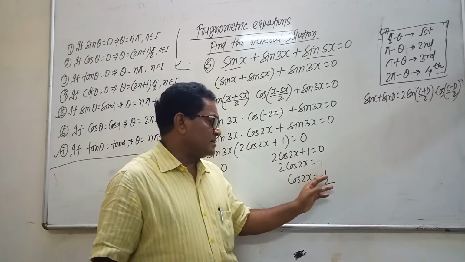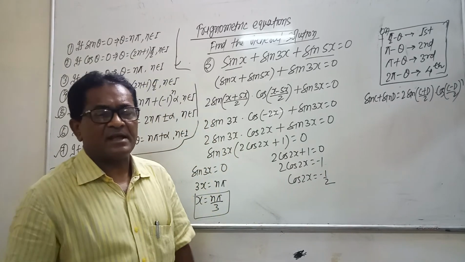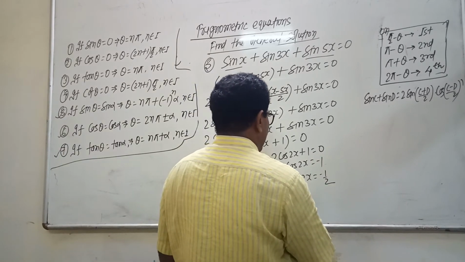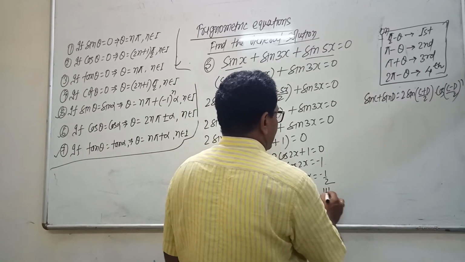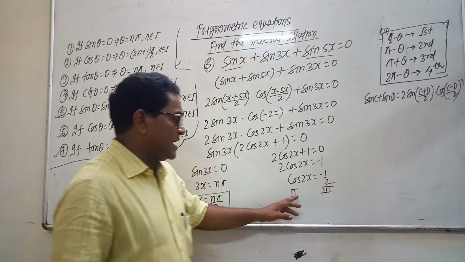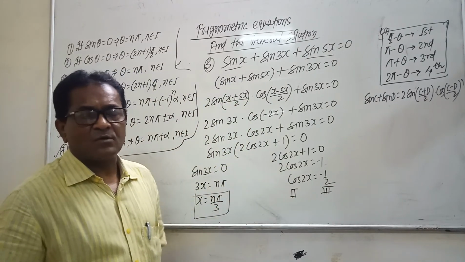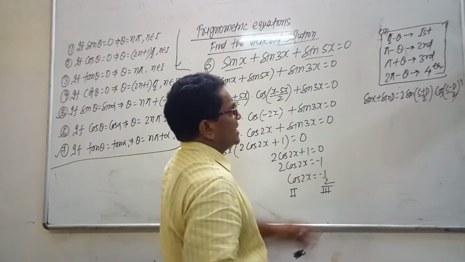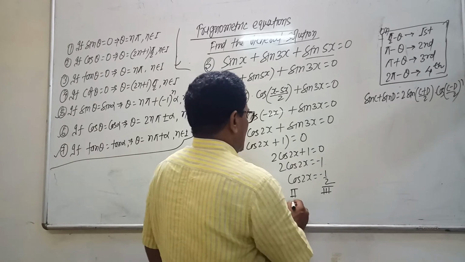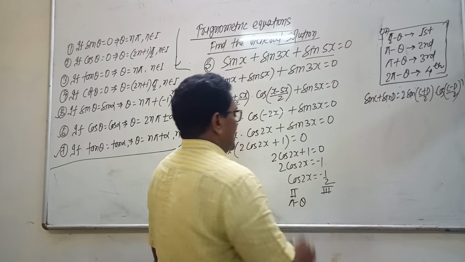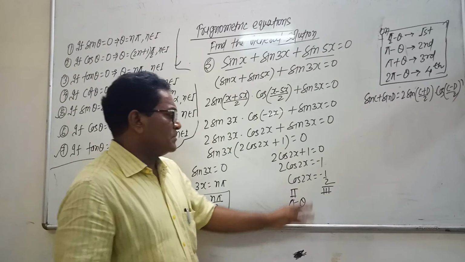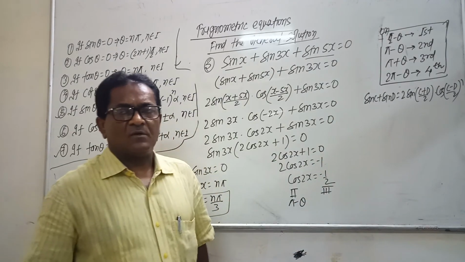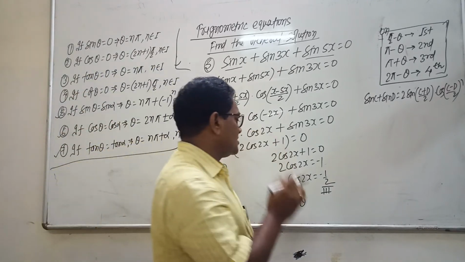So cos is negative. In which quadrant is cos negative? Cos is negative in two quadrants, the second quadrant and the third quadrant. And we will have to find the value in the second quadrant for using the general equation. So for the second quadrant, we will have to use the formula pi minus theta. And the value of theta is found by taking the modulus value. cos 2x equals 1 by 2. 1 by 2 in cos means 60 degree.